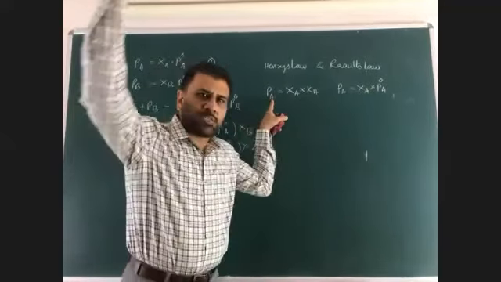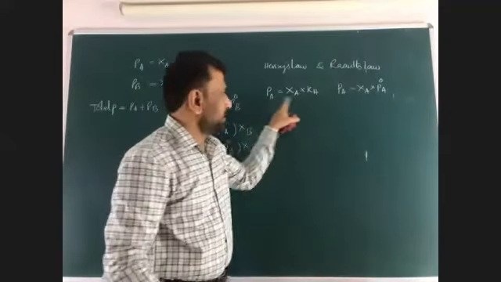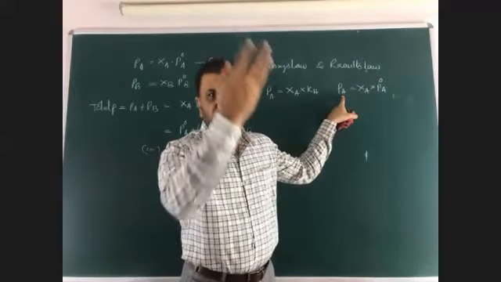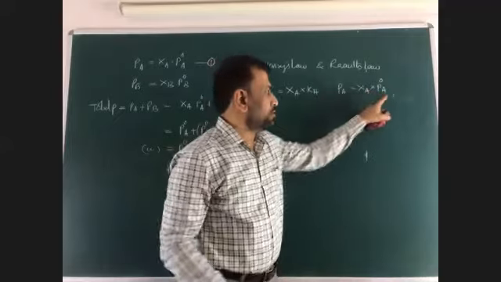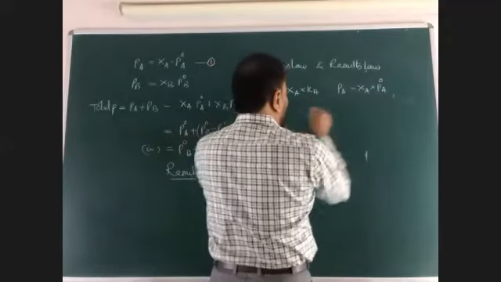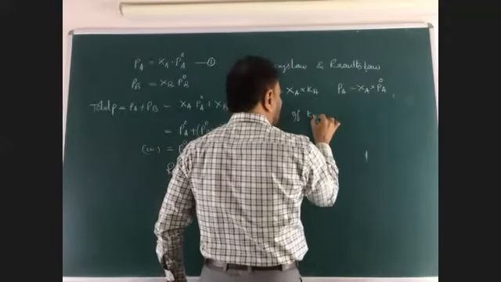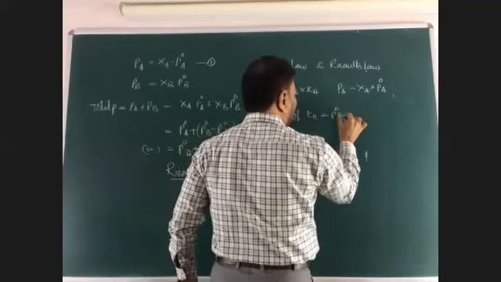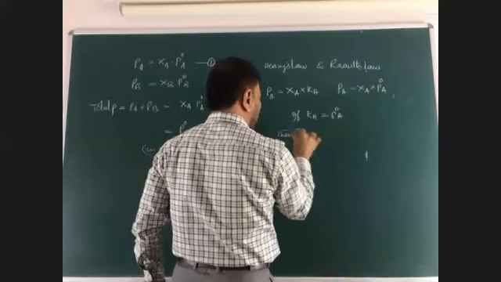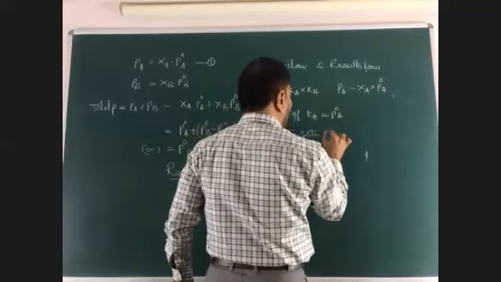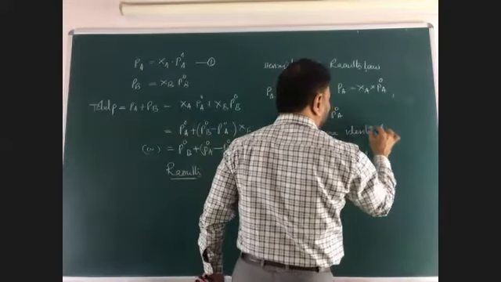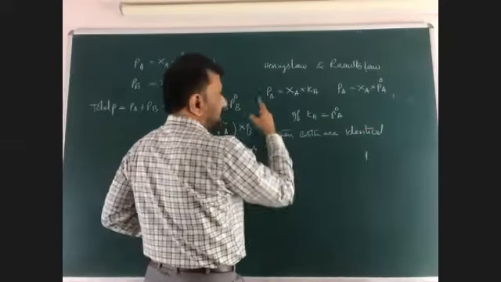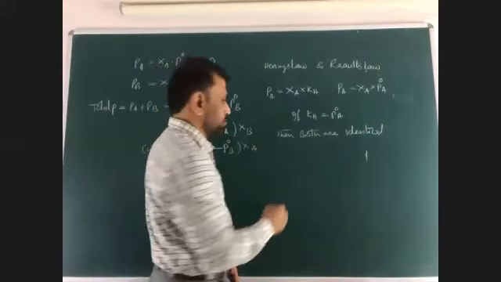In Henry's law, pressure is applied to dissolve the gas. In Raoult's law, liquid is evaporated to generate the pressure. That is based on the mole fraction of the liquid. So if these two are identical, if Kh is equal to P naught A, then both are identical. That means Henry's law is a special case of Raoult's law.